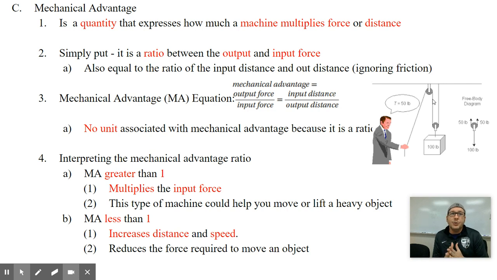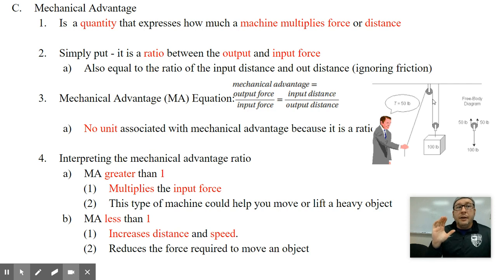Mechanical advantage is a quantity that expresses how much a machine multiplies force or distance. It's a ratio between the output force and input force. It's also equal to the ratio of the input distance and output distance, as long as we ignore friction, which we can't ignore, because it's everywhere.